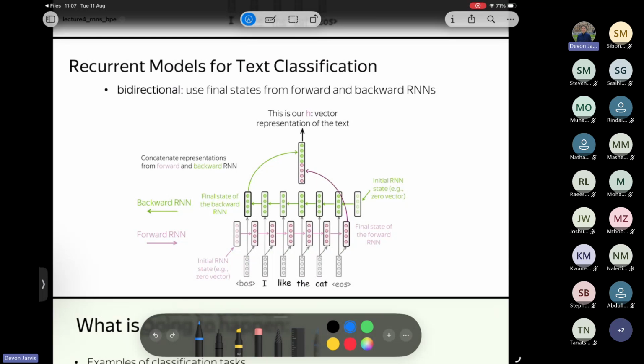Okay, and then lastly, because of the problem with trying to squeeze things into a fixed size vector, we have an issue where things that come on the left early on get forgotten. Why? Because they have to be multiplied by more and more matrices. This word here in my original representation gets processed and then it gets multiplied by a matrix, multiplied by a matrix, multiplied by a matrix, multiplied by a matrix. And so by the final word, it's been multiplied and updated 6 or 7 times in this same sentence embedding space.